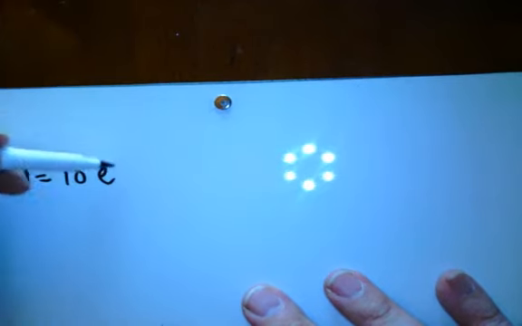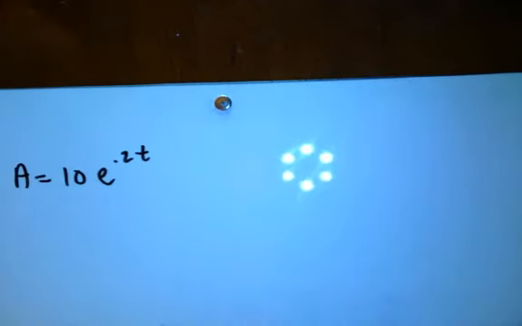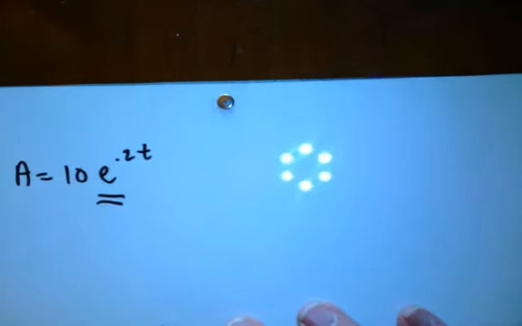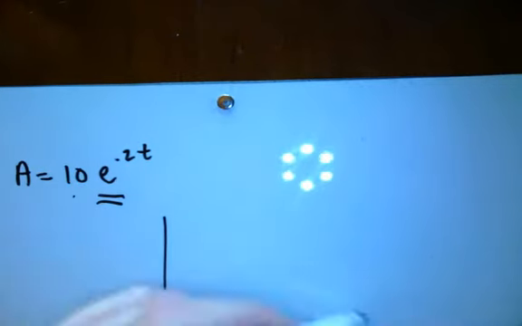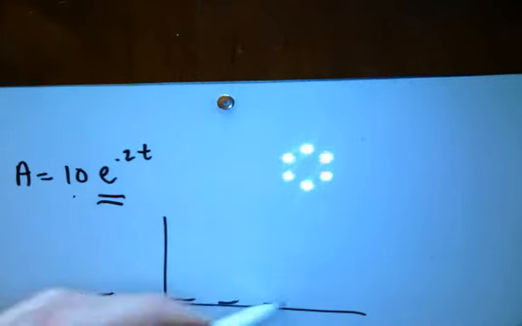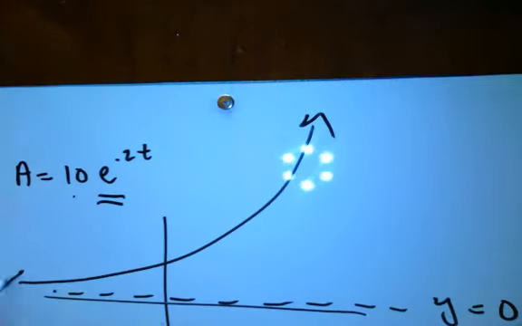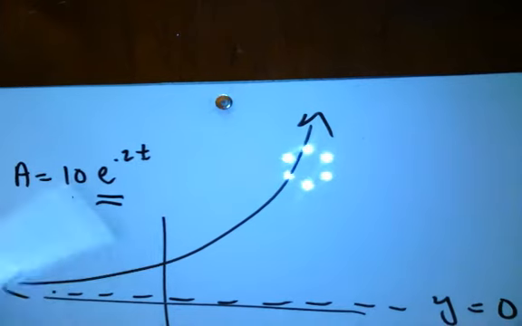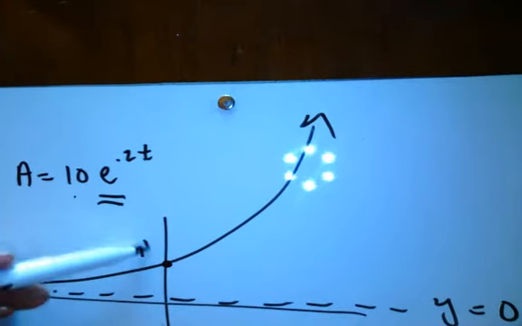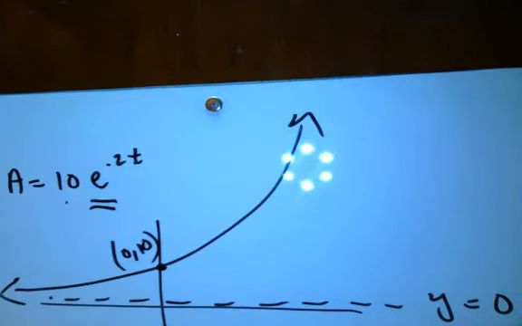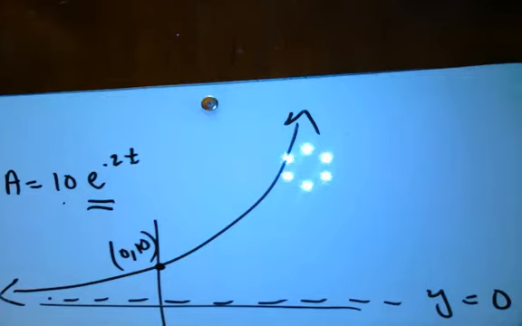So if I see something like A equals 10e to the 0.2t, we know that this is an exponential growth model. We know the initial amount. We could even sketch a quick graph. If I plug a 0 in here, e to the 0 is 1, and 1 times 10 is 10.